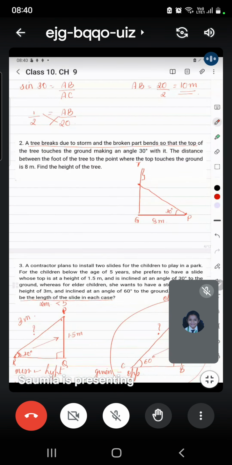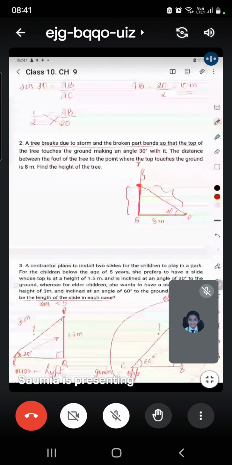Okay, the tree has broken. So now we have to find out the height of the tree. Now, the tree is now lying in this triangle in how many parts? Two parts. Yes, this part is still standing on the ground and this is the broken part, correct?